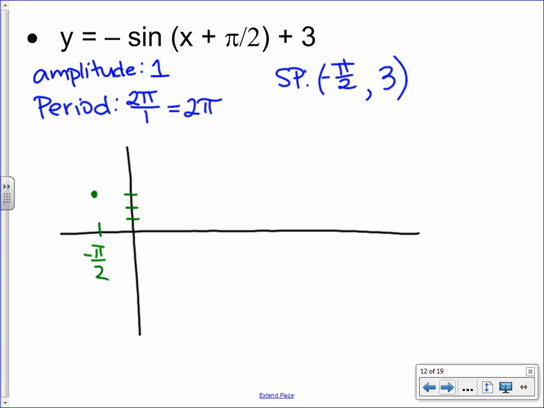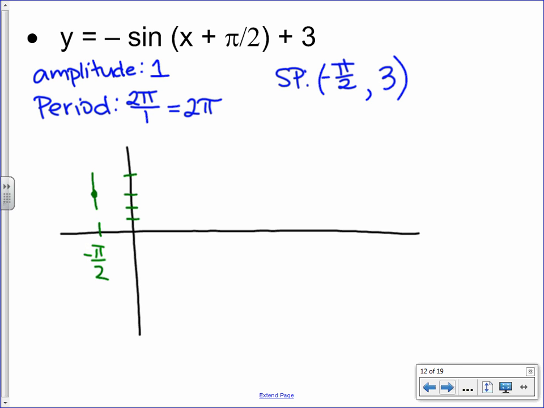Our amplitude is 1, correct? So what does that mean about our frame? From our starting point, we're going to go up 1 and down 1. So our frame should stretch from 2 to 4. Now we need to draw the length of our frame.